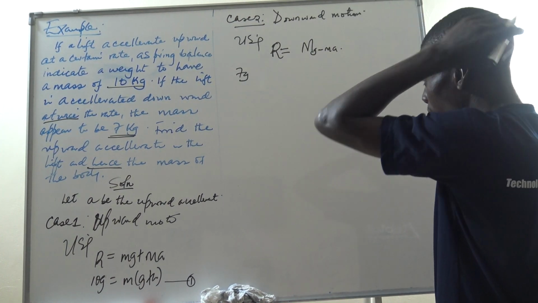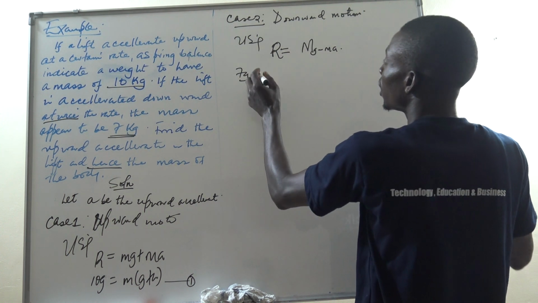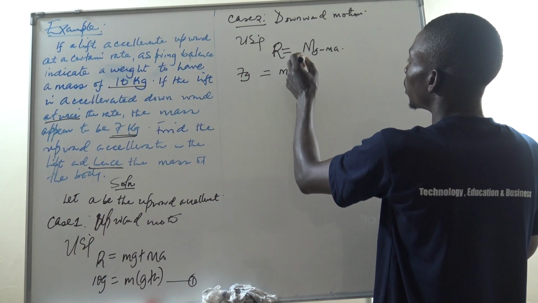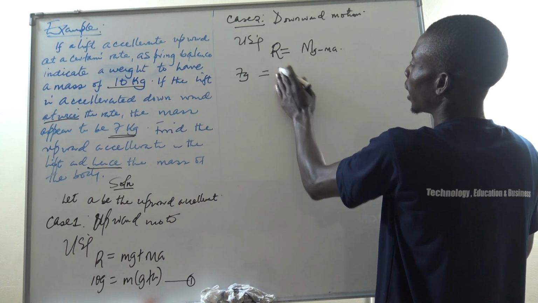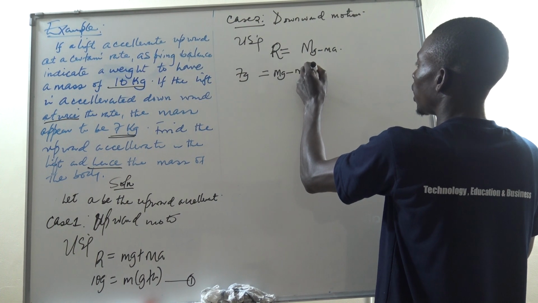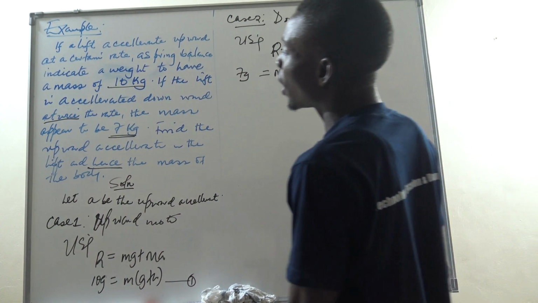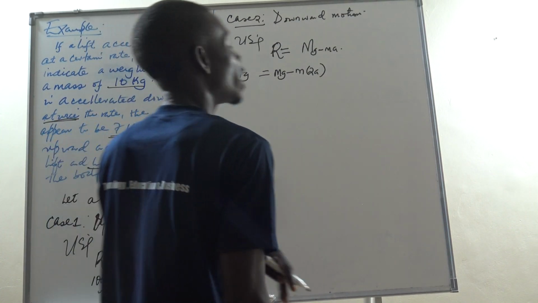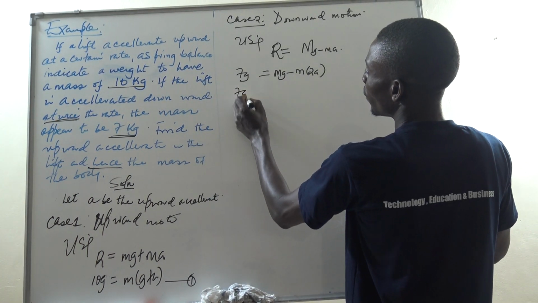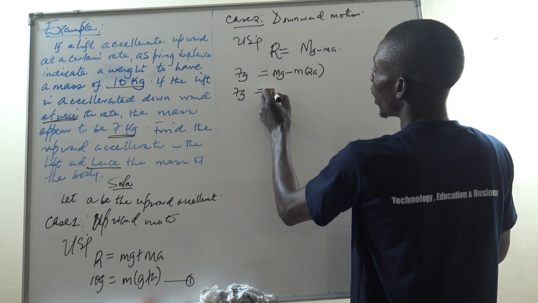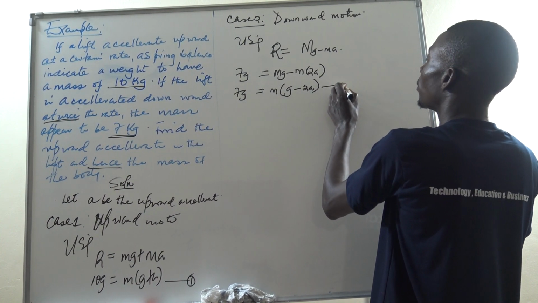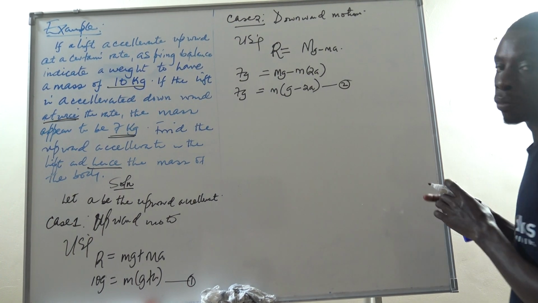If you convert into weight, it will be 7g equals mg minus m into twice a, because they said it is moving downward at twice the first acceleration. So this will be 7g equals m into (g minus twice a). This one can be my equation 2.